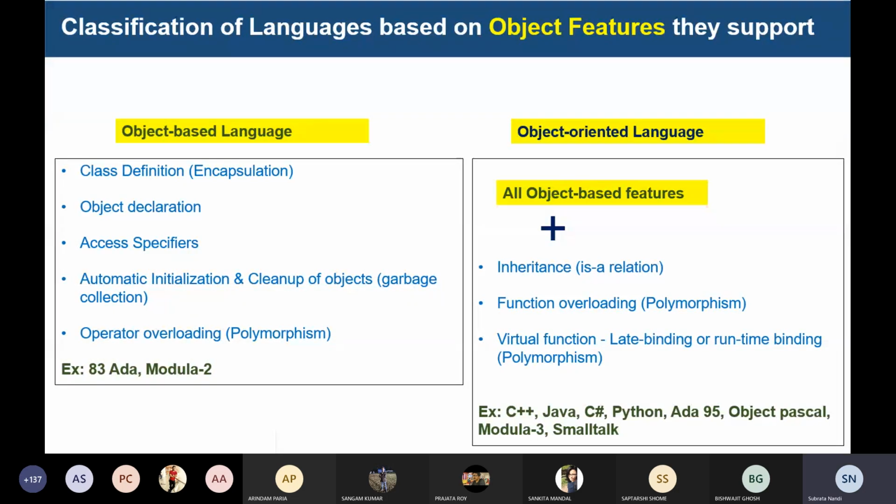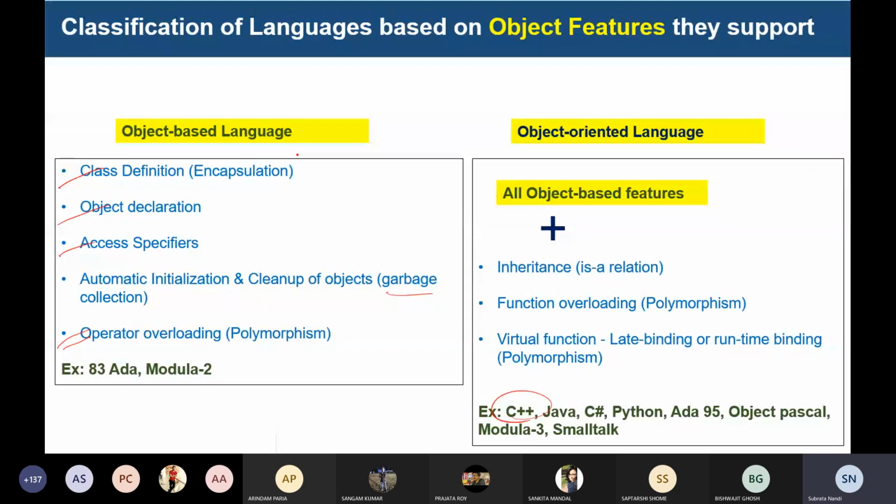I think it's almost the time. So this is object based and object oriented language, and C++ is basically an object oriented language, and it includes all the object based language features like class definition, object definition, access specifiers, automatic garbage collection, and operator overloading. The object based languages like Ada and Modula were invented in 1983.